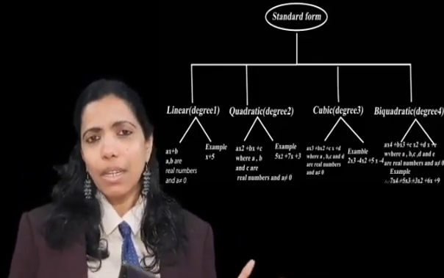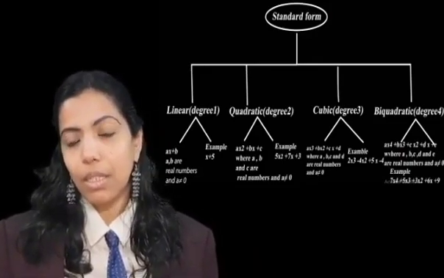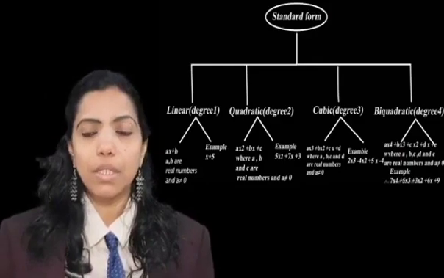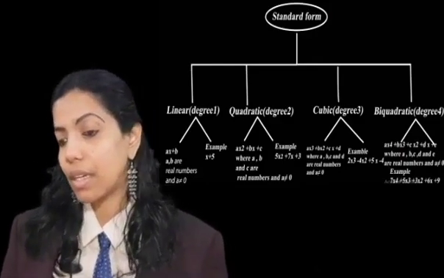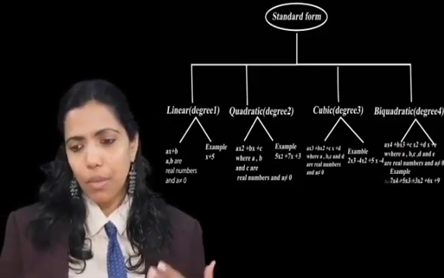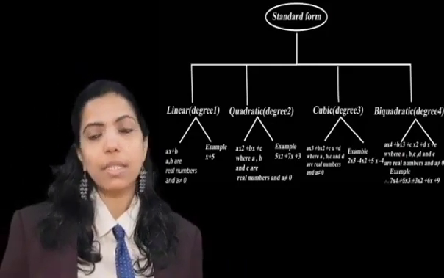We are giving the descending order of the exponents to express the terms in order. Here also a, b, c, d and e are real numbers and a not equal to 0. For example, 7x to the power 4 plus 5x to the power 3 plus 3x to the power 2 plus 6x plus 9.